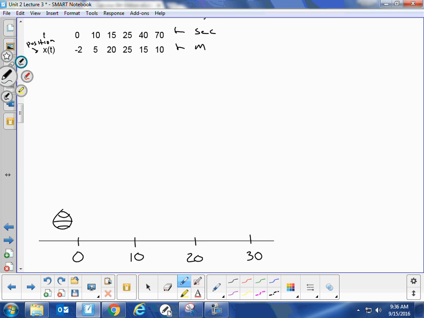Now, at time 0, my position is -2. This does not mean that I've traveled -2 meters so far. It does not mean that. All it means is that when I start a stopwatch, right as I'm clicking the button, this is my location.